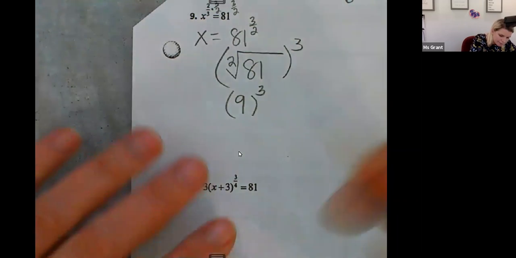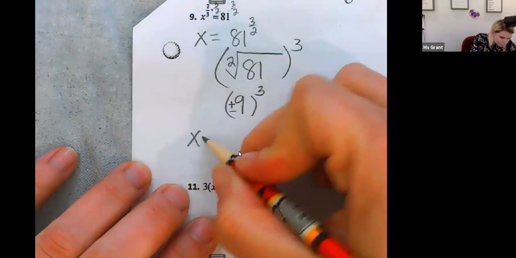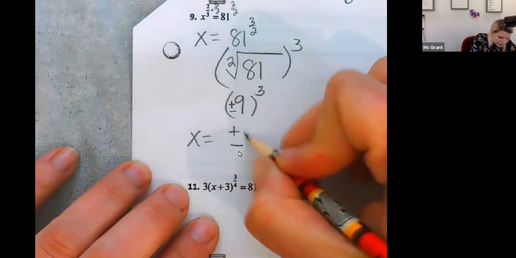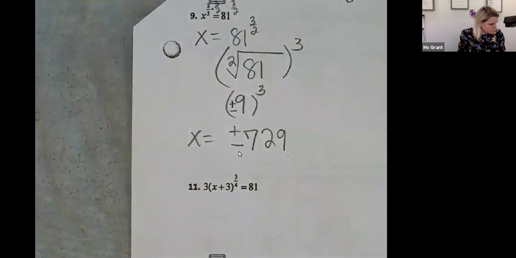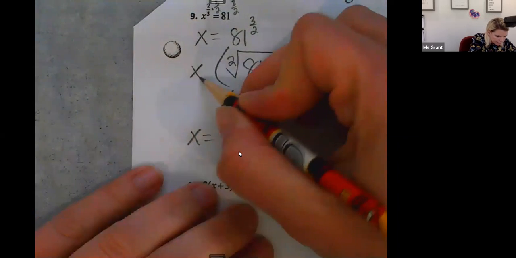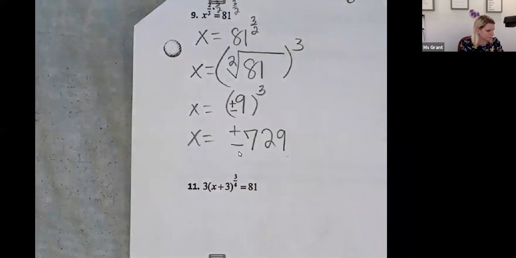So it's going to be plus or minus 9. x equals plus or minus 729. So the answer is positive or negative 729.